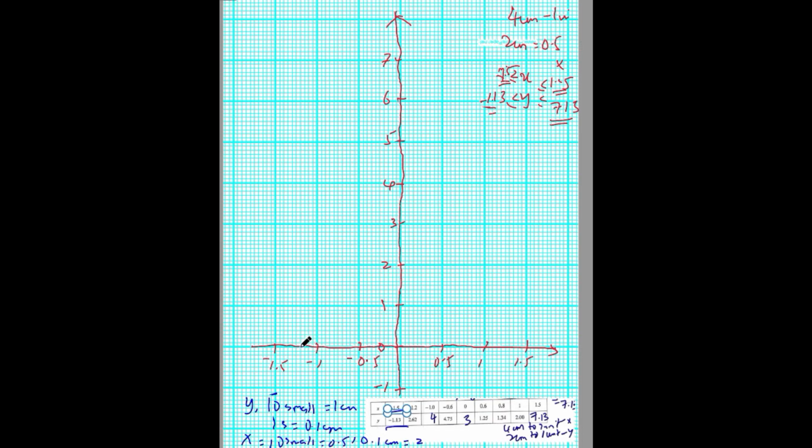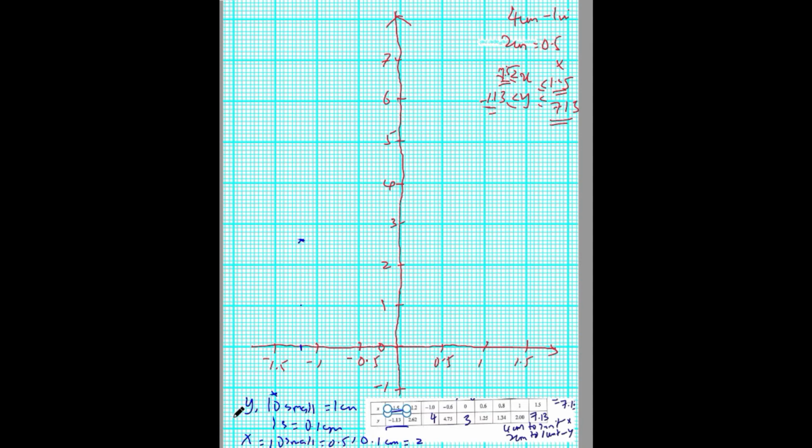So this is 4 to the left. -1.2 and 2.6. So 2.6 is, this is 1, this is 2, 2.6, 5, 6, this is 2.6. So 6 above 2.